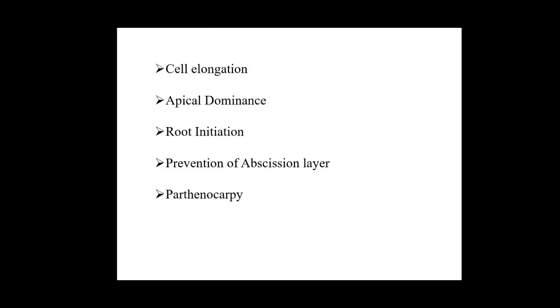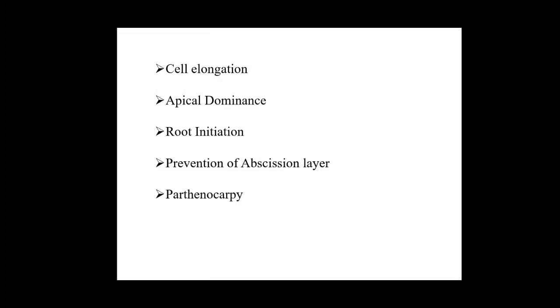The next physiological effect which we observe is the prevention of the abscission layer in the plant. To understand this phenomenon, we must understand abscission. Abscission is basically the shedding of mature leaves or ripened fruits from the stem.